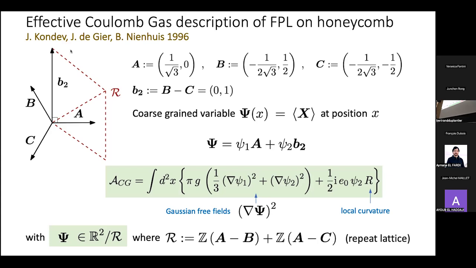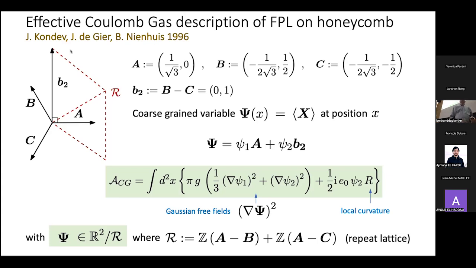Anyway, you have a free field theory, and you have two fields. One we associate with A, psi1, very important. One associated with B2, psi2. And this part here looks like what you have normally in the Coulomb gas of the O(n) model. So the difference between the fully packed model and the O(n) model is the occurrence of this A term, psi1.